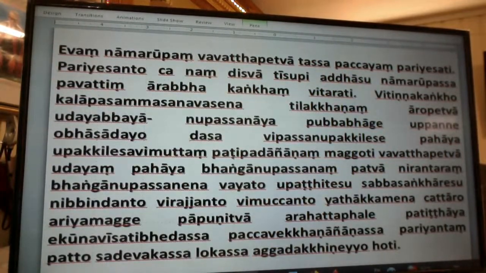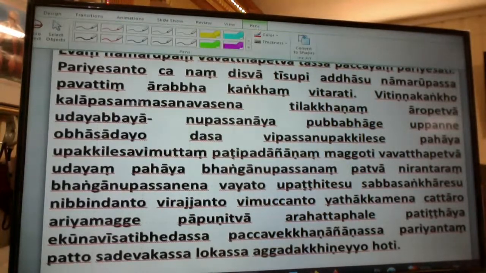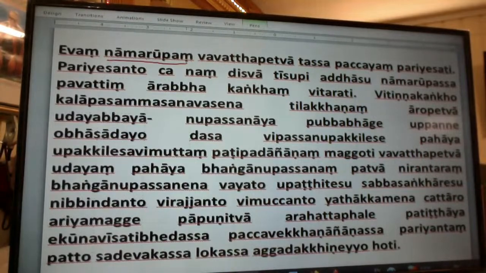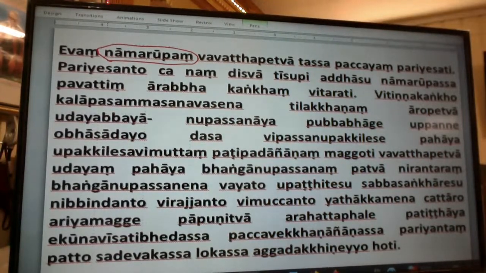Pali: namarupan. Nama and rupa, mentality and materiality.